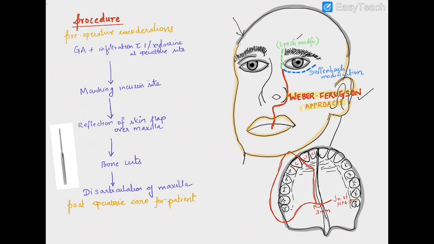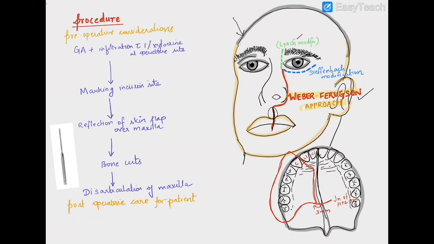So what is this Weber-Fergusson approach? An incision is made to split the lip along the philtrum first. You can see that this area is the philtrum. We start the incision from this philtrum area to split the lip into two parts.